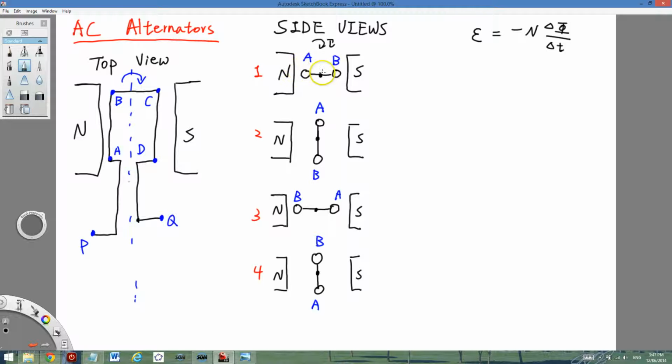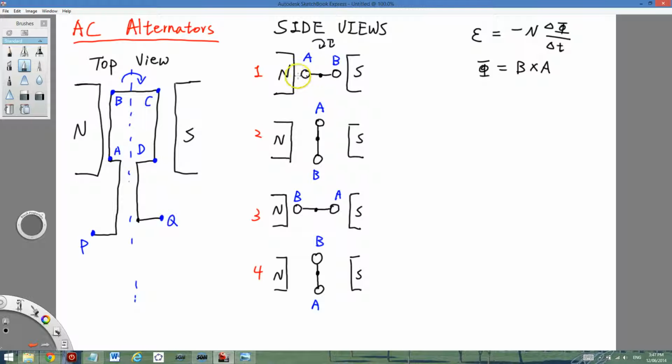Now have a look at what happens. Let me write down the formula for magnetic flux. Magnetic flux is calculated with the magnetic field times the area that the coil has as the coil is rotating. So look at position 1.